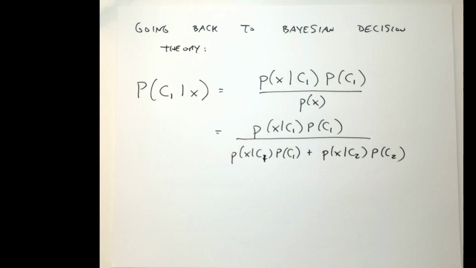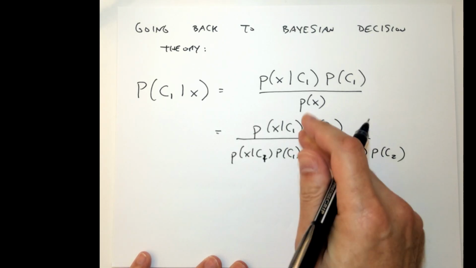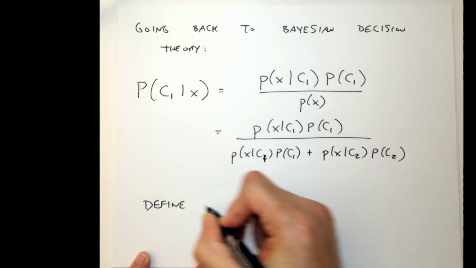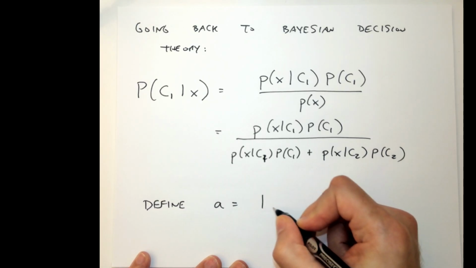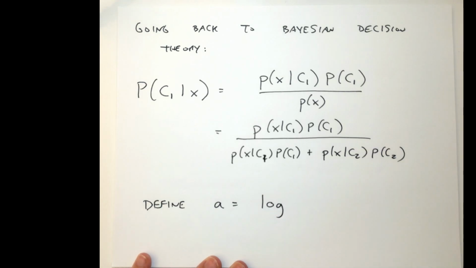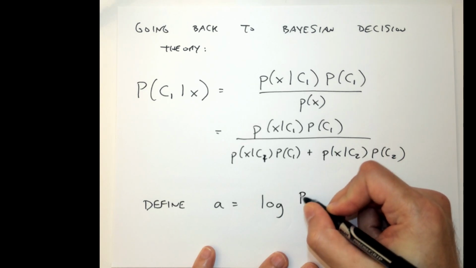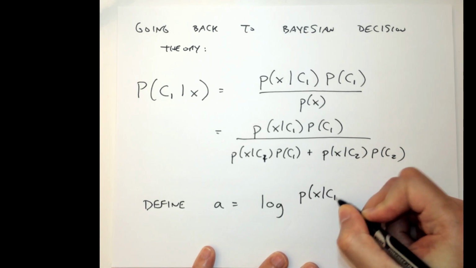And so now what I'm going to do is define a new number related to all these things here. So let's define a as the log. And again, just a reminder, whenever I say log in this class, I mean natural log, right? Log base e. And I'm going to look at that as basically this ratio.